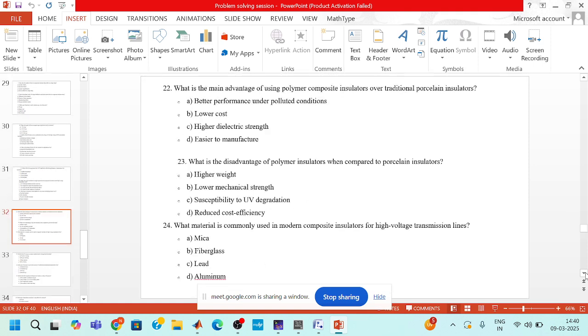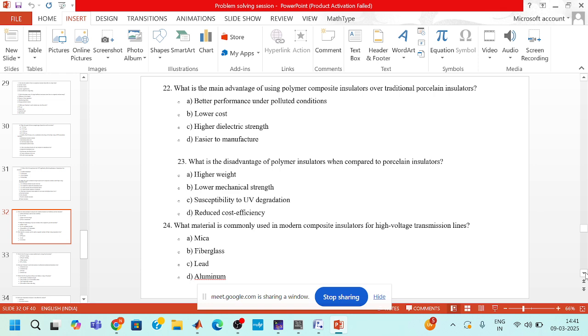Now the next question is, what is the main advantage of using polymer composite insulators over traditional porcelain insulators? Options are better performance under polluted conditions, lower cost, higher dielectric strength, and easier to manufacture. I think A, madam, better performance under polluted conditions. Because we use polymer composite insulators in highly polluted areas, they provide better performance compared to traditional porcelain insulators.